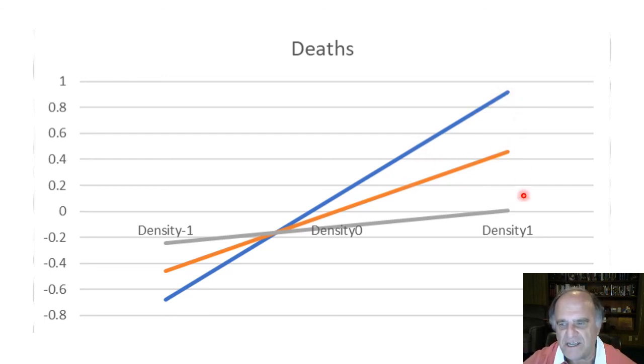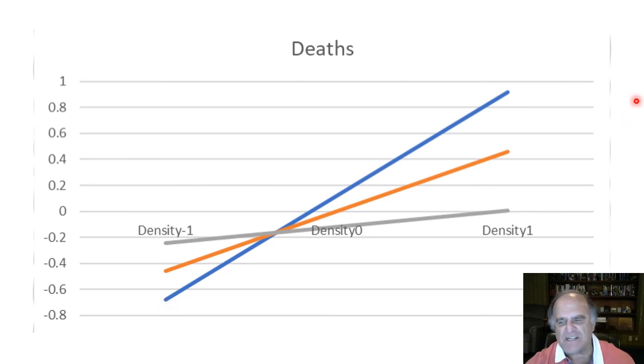And you can see that when density is high, temperature makes the biggest difference. A low temperature has the biggest effect compared to either an average temperature or a high temperature. On the other hand, what's interesting here is if density is low, then a low temperature actually results in the smallest number of predicted deaths.